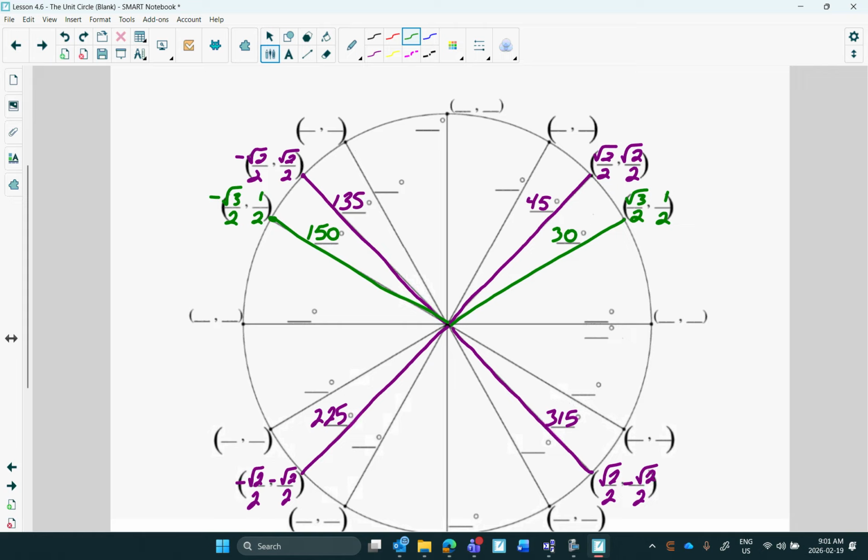The family member in quadrant 3 is the angle 180 and another 30, 210. Again, we have root 3 over 2 and 1 over 2, but this time they're both negative, because we're in quadrant 3.